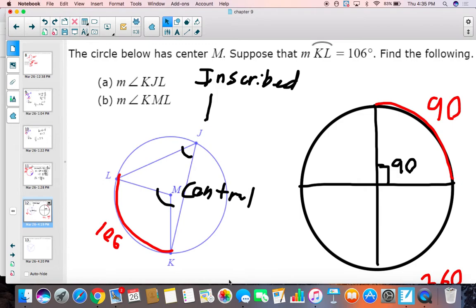So the central angle is always going to be equal to the arc angle that its rays shooting out from the angle intersect the circle. So over here, if LK is 106, the arc angle is 106, my central angle, or KML, is also going to be 106.